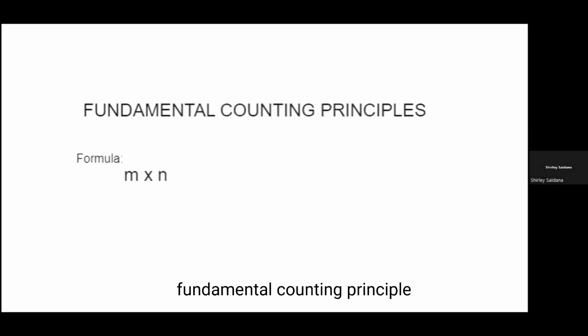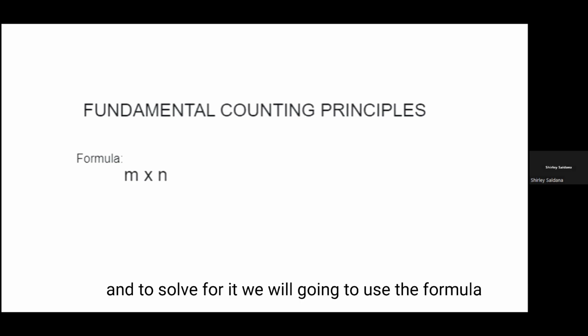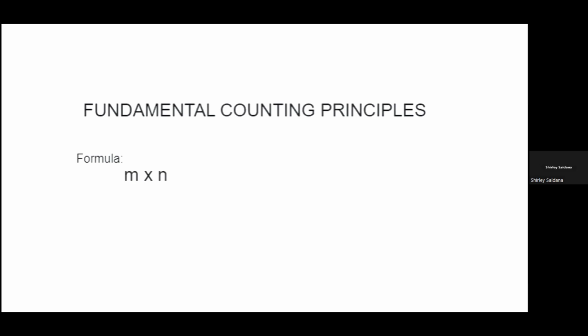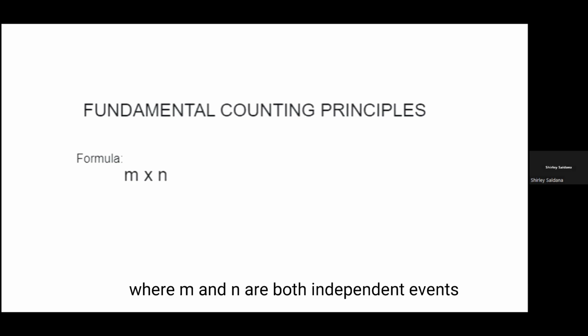The fundamental counting principle is the rule that we will use to count the total number of possible outcomes in a situation. To solve for it, we are going to use the formula m times n to find the total number of events, where m and n are both independent events.